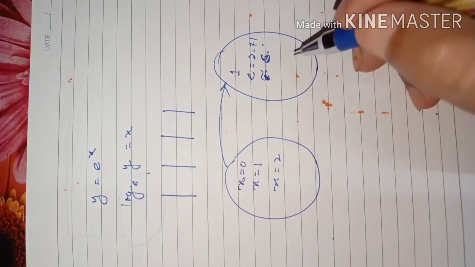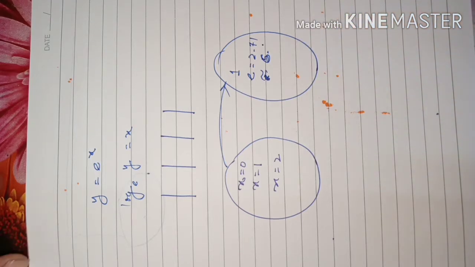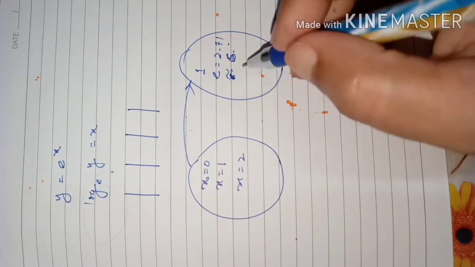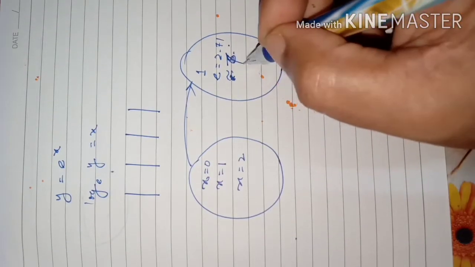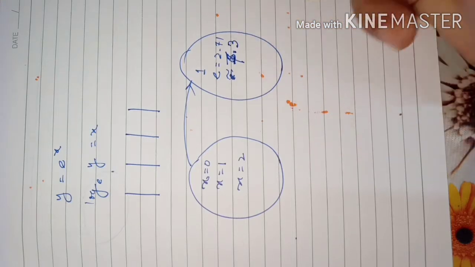So that way it goes on. If you use a calculator, you will come to know this. If x equal to 2, it will be 7.344, or just say 7.3.